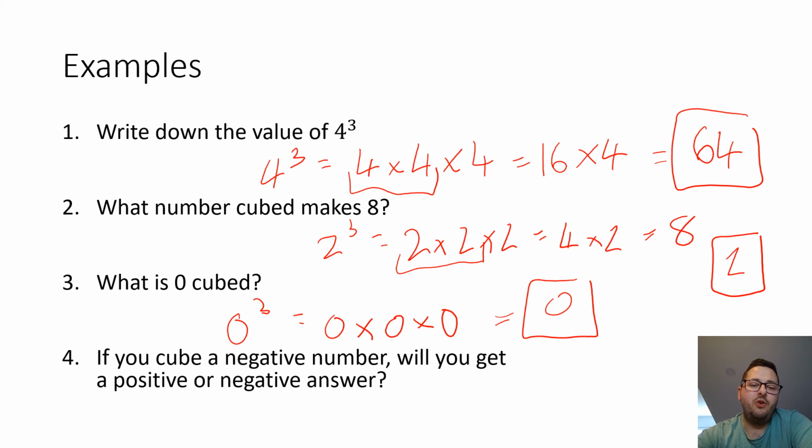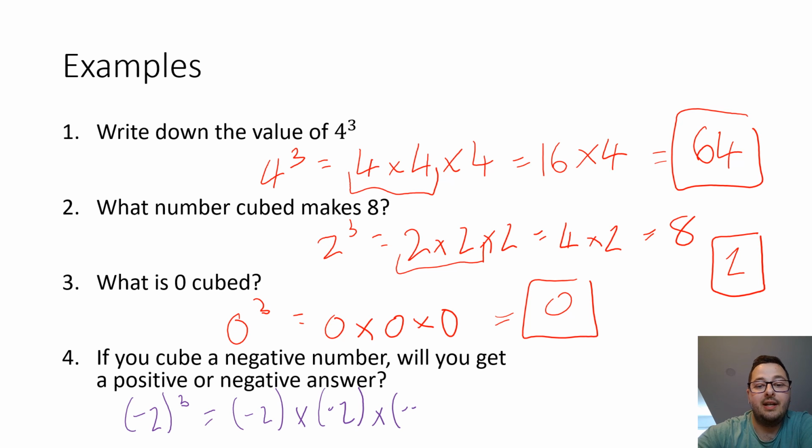And then number 4, if you cube a negative number, will you get a positive or a negative answer? Okay, so let's just have a little think about this one, a bit of a bonus question. So let's just try minus 2 cubed. So we want to do minus 2 cubed, and that's going to be the same as minus 2 times minus 2 times minus 2.